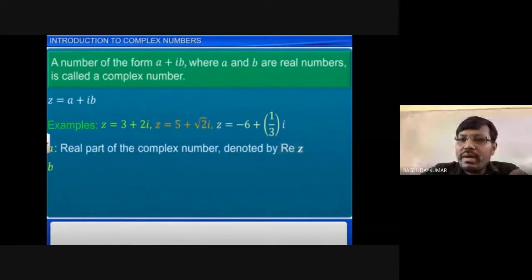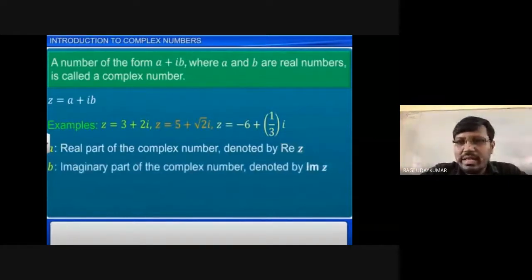The real part of the complex number is denoted by Re z, and the imaginary part is denoted by Im z. In a plus ib, a is the real part and b is the imaginary part.